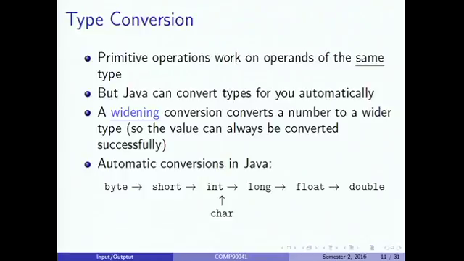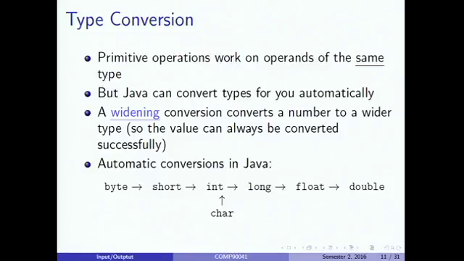So Java, well, there's sort of two sides to this. One is you can get Java to do that for you. You can tell Java, please convert this into a double, or convert this byte to a double. Well, the second thing is sometimes Java will just do it for you because it knows what you want.